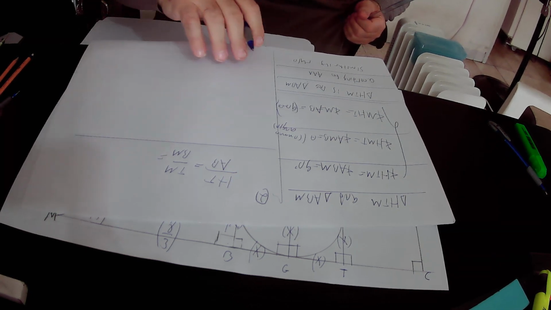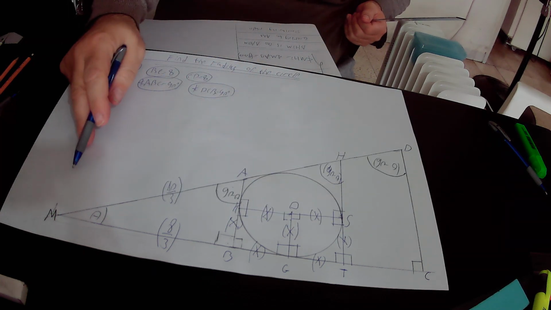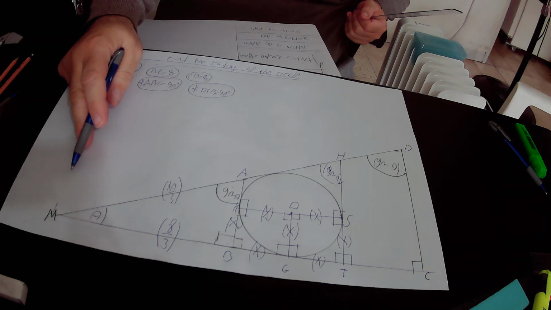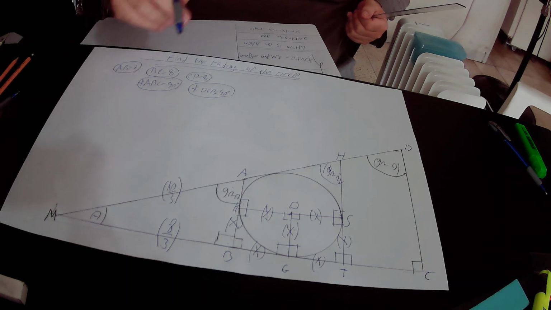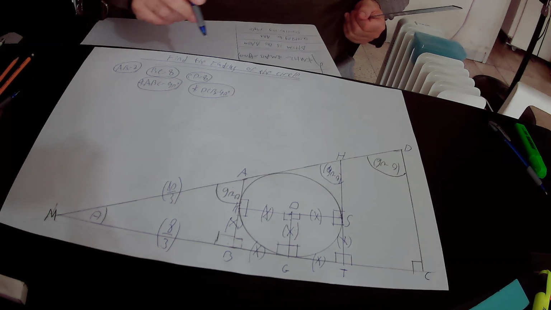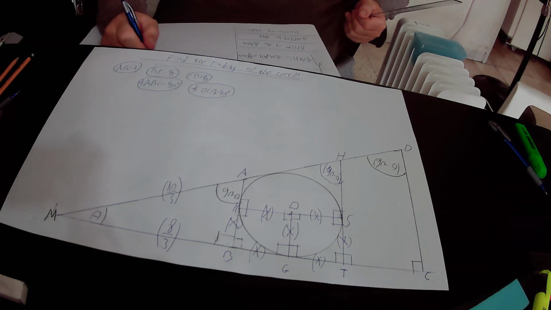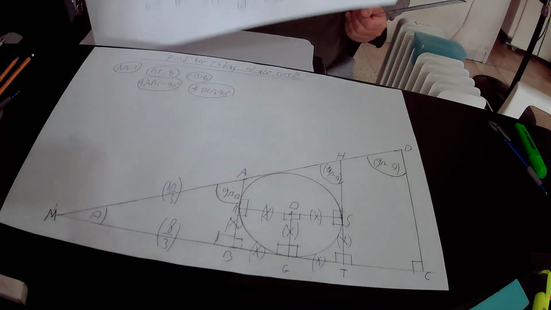And also side HM in the big right triangle HTM over side AM in the small right triangle AMB. Repeat again.